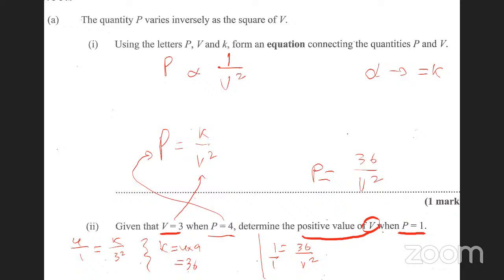Well, okay, cross multiply and you'll get V squared is 36. V is the square root of 36, which is 6. Right? They want the positive answer.